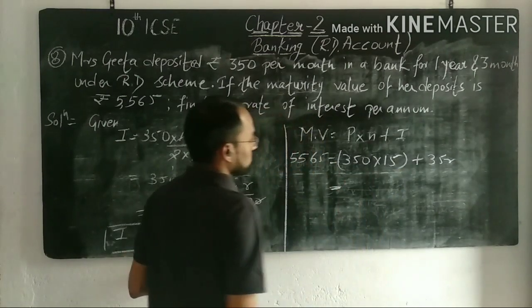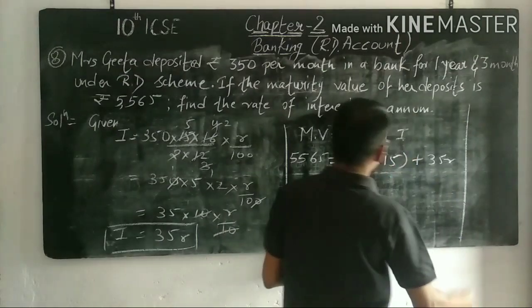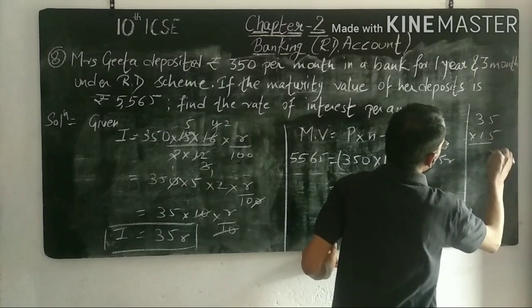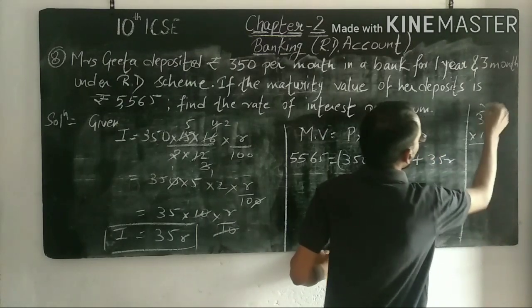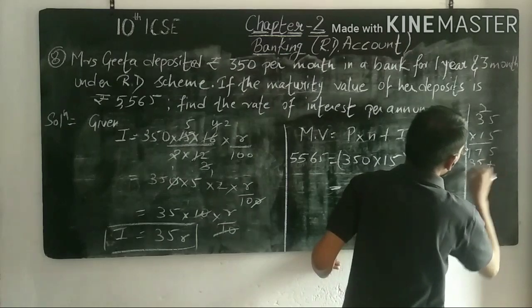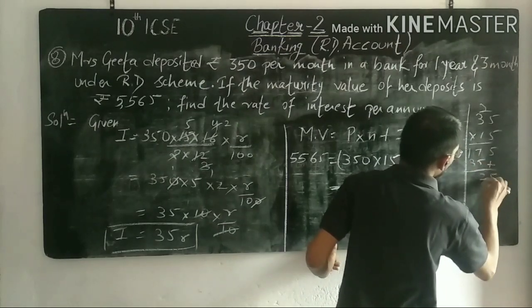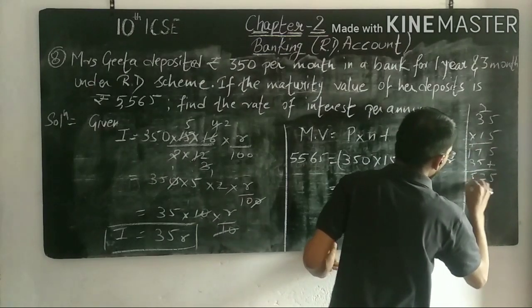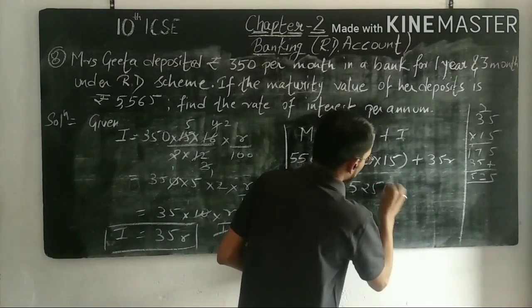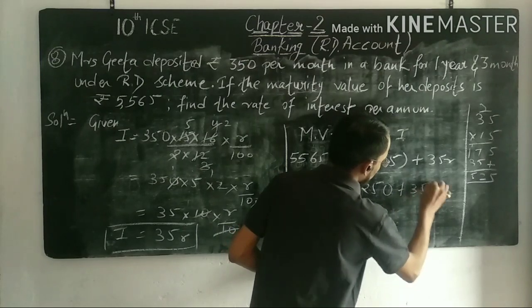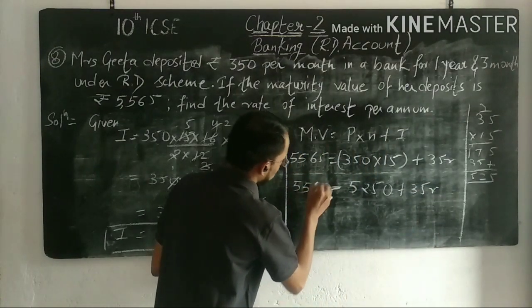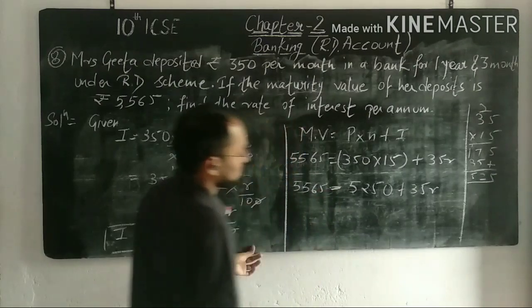On multiplying this, we will obtain 350 into 15, which is 5250, plus 35R, which equals 5565.